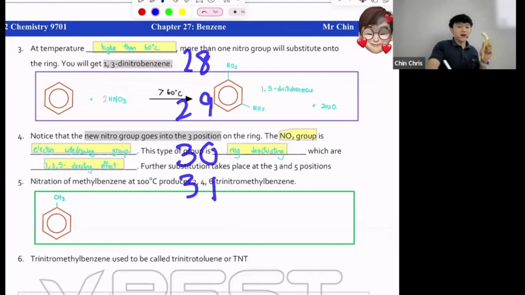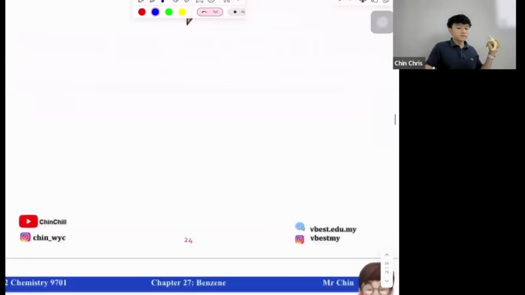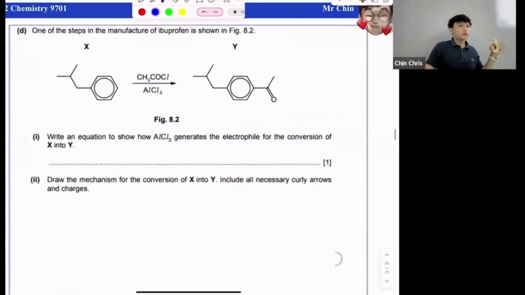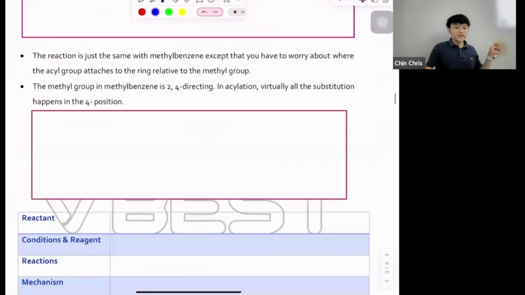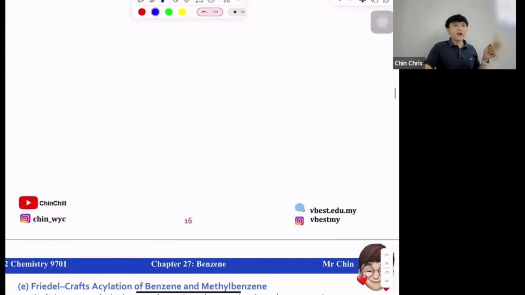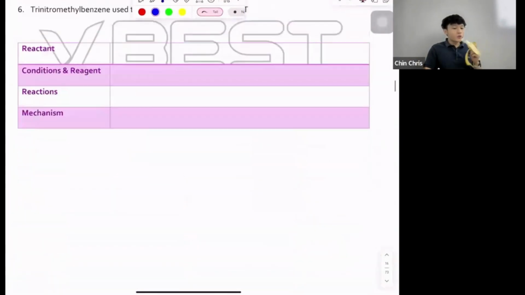So basically, you only have 1, 2, 3, 4, 5. This one paper is so overpowered, and we are not even half yet. So that's why A2 is a bit GG. I cannot go fast. If I go fast, you guys cannot understand anything. I can go fast and ask you to just copy and move on, but I cannot, because A2 is way tougher.